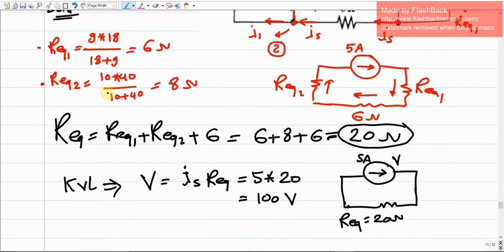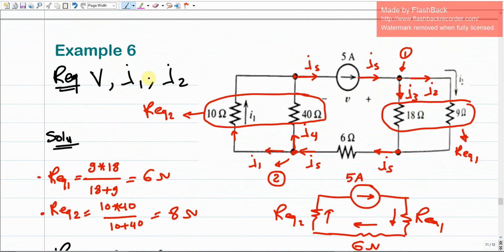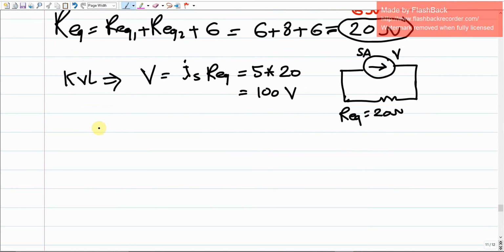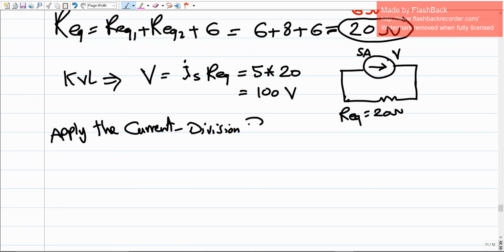This is for the first requirement, but how about I1 and I2? Again, I1 and I2 are the divisions of the total current. IS is going to be split into I3 and I2. So if you decided to calculate I2, or I1 the same, we have to apply the current division principle.